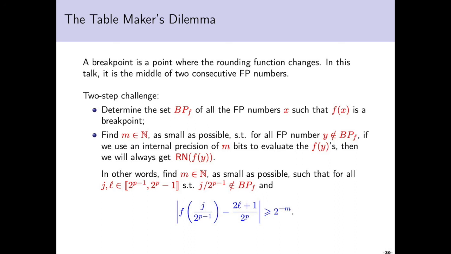We are able to provide a kind of exclusion zone for the presence of integer points. So the method I've just shown you gives a non-trivial result for the table maker's dilemma.